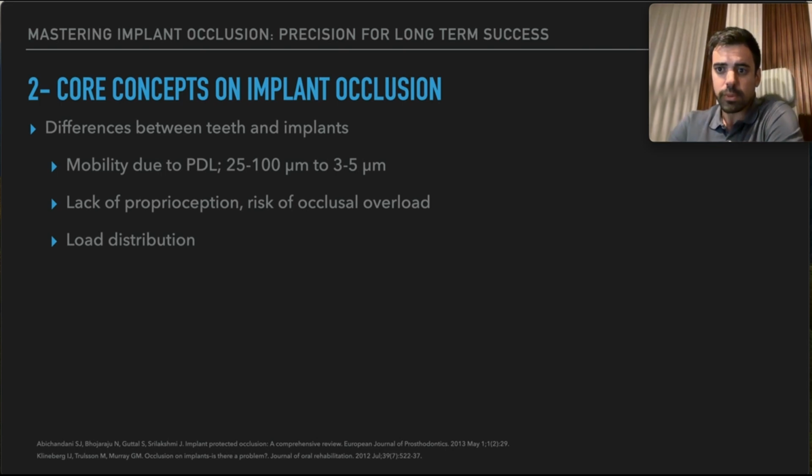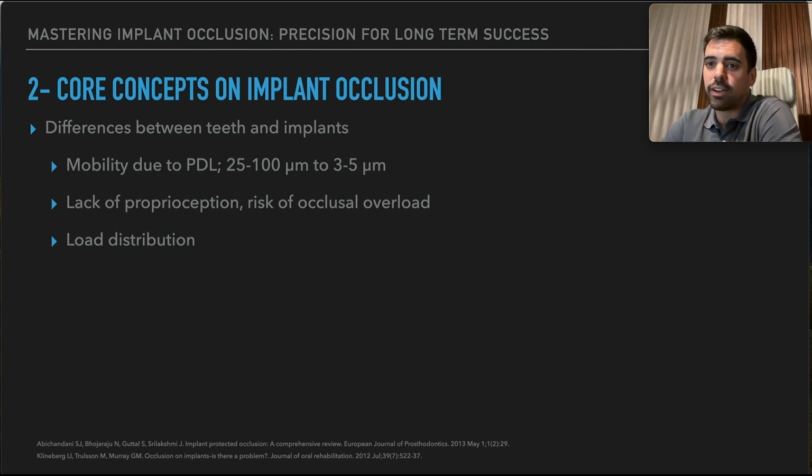So you have movement, and every single time you're biting onto something, that tooth moves up and down. If you have a top tooth and a lower tooth, you add up those two, they can go up to 200 microns into the bone, where an implant can only move 3 to 5 microns. So we're talking about 20 times less.